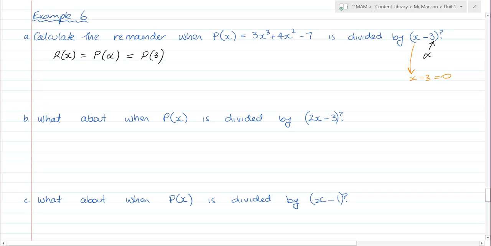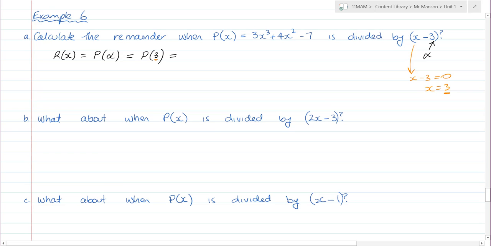And then we would say x is equal to 3. That's where our alpha comes from. And that will be important later on, particularly with this question here. So that's where our 3 comes from, basically saying, well, what if this equals 0? If it's a factor, one option is that it equals 0. Now here's the easy bit. We've done the hard, complex, abstract, dealing with alpha, beta, stuff like that. P of 3 is really easy.